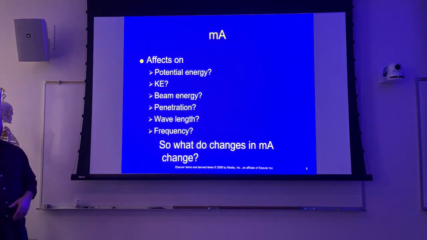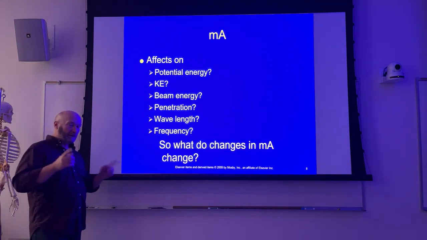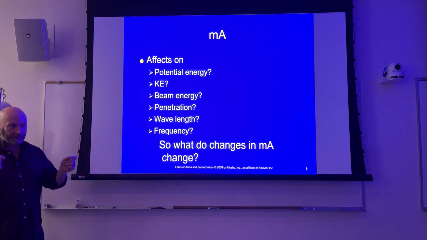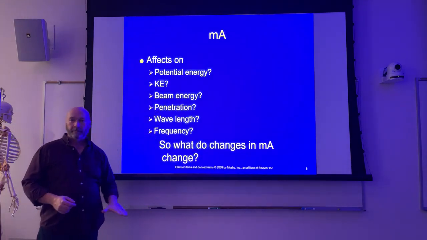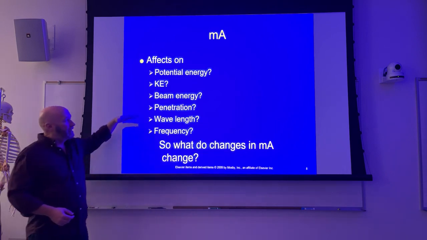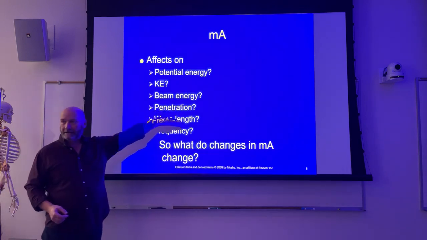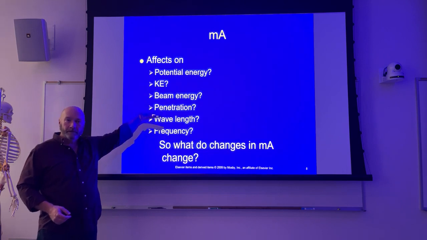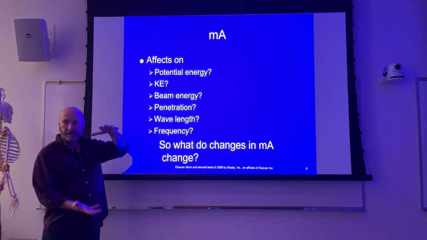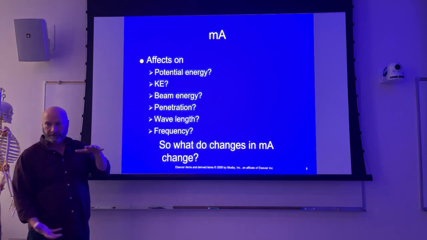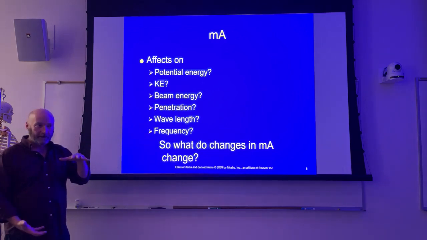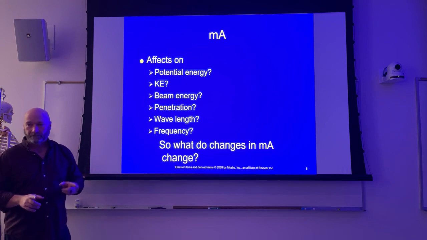So it doesn't affect penetration. I point this out because I don't want you to make this leap. When we're talking about penetration, we're talking about the percentage of the X-ray beam that penetrates the patient, right? If you double your mAs, you make an exposure and you get a certain number of photons through the patient. When you double your mAs, you're going to double the number that penetrate through the patient, but it doesn't change the percentage at all.